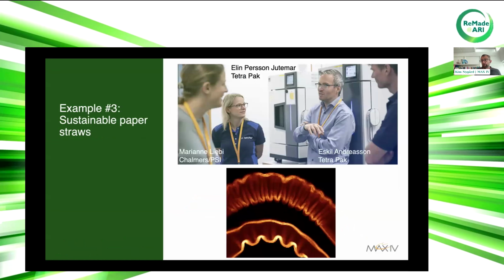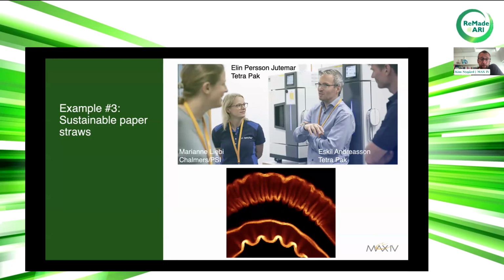Now, this particular group also carried out some experiments at Formax. So this was a packaging company, Tetra Pak, together with Marianne Liebe's group from the Paul Scherrer Institute. And they also worked at Formax on sustainable paper straws.